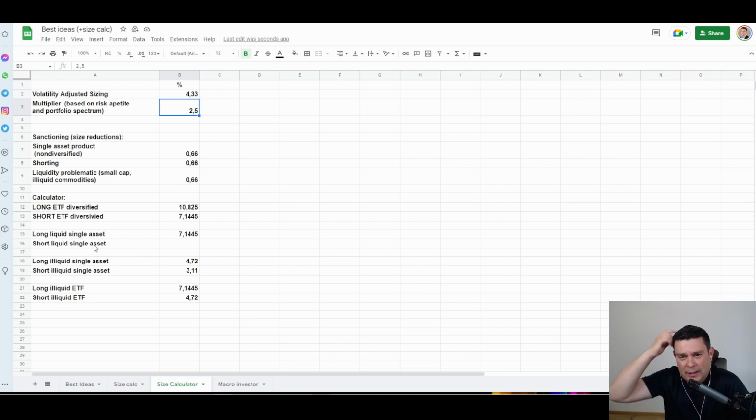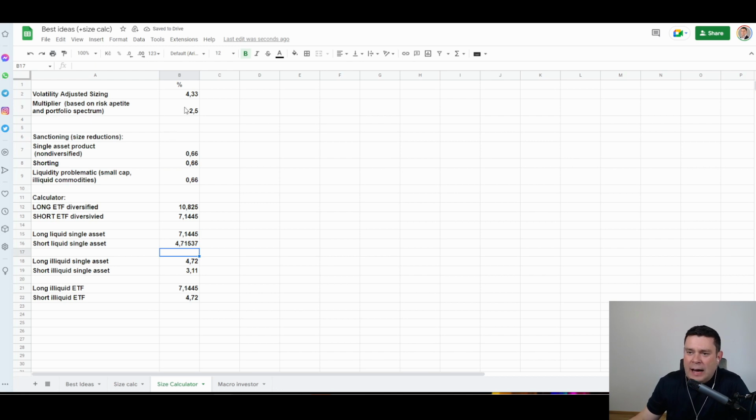These are liquid, right? This is not a small cap. I wouldn't call it illiquid. It's liquid. It trades 3 to 4 million shares a day. So this is a long, liquid, single asset, times the penalty for being short.